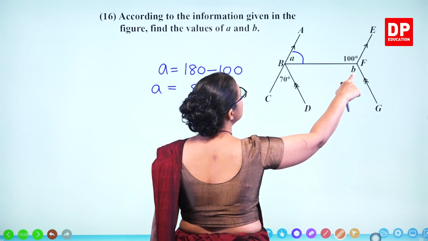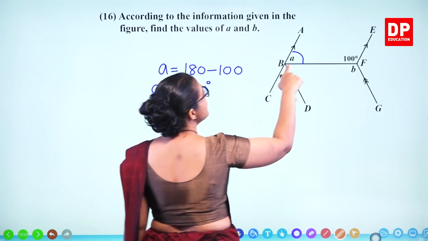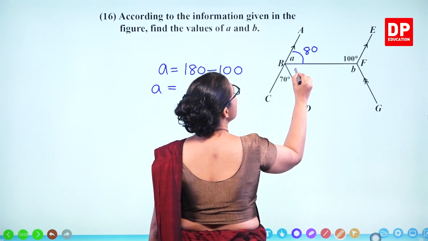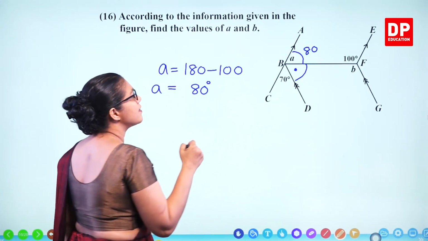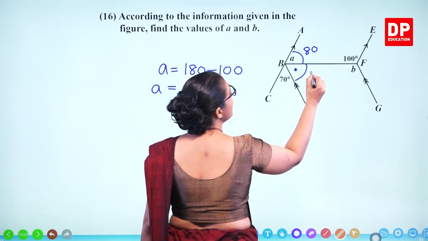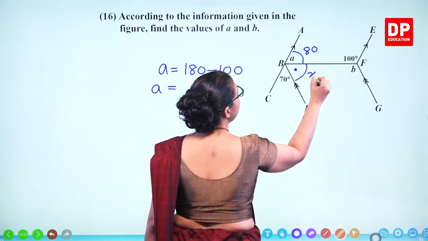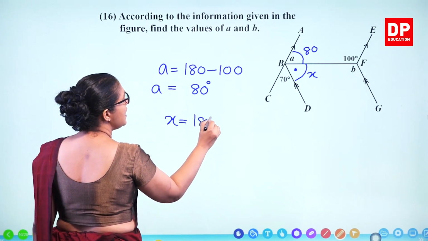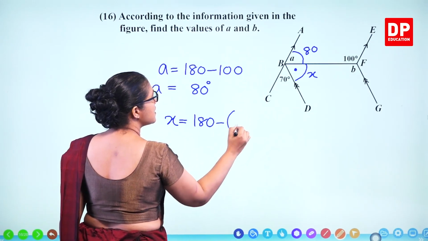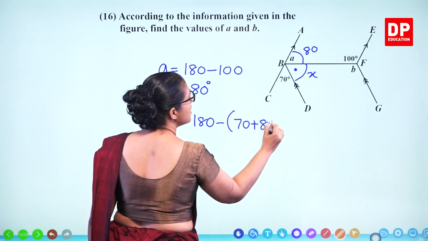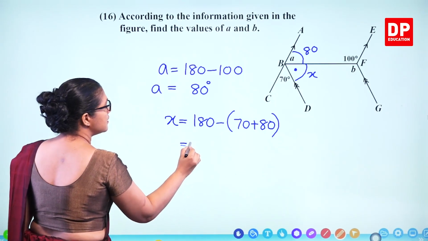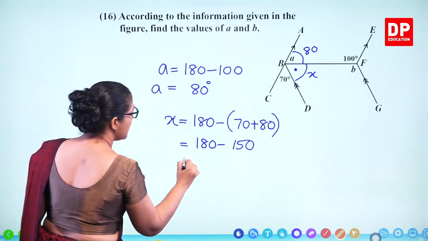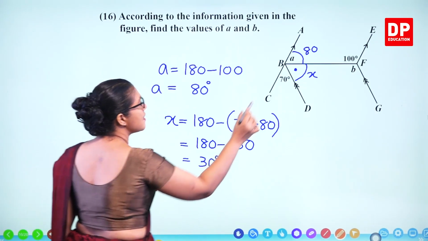Then what can you say about this angle, the B angle? Here this is 80. Now we can find out this angle. This is a straight line. We'll call it X. X becomes 180 minus 70 plus 80, because it is a straight angle. 180 minus 150, so you get 30 degrees here.